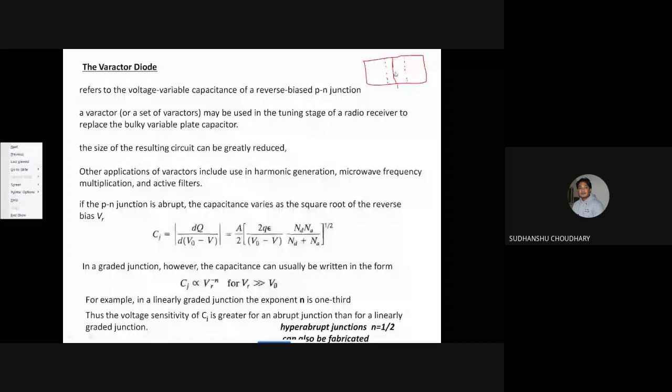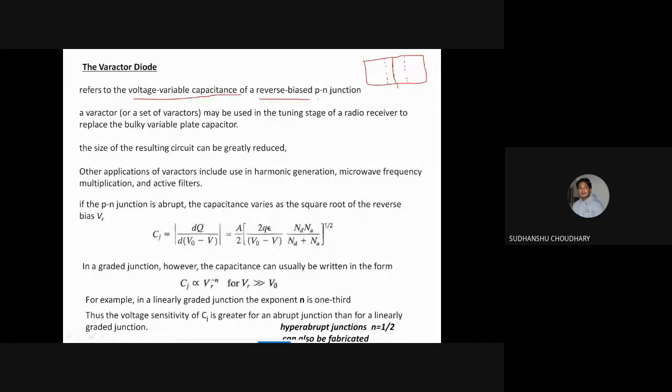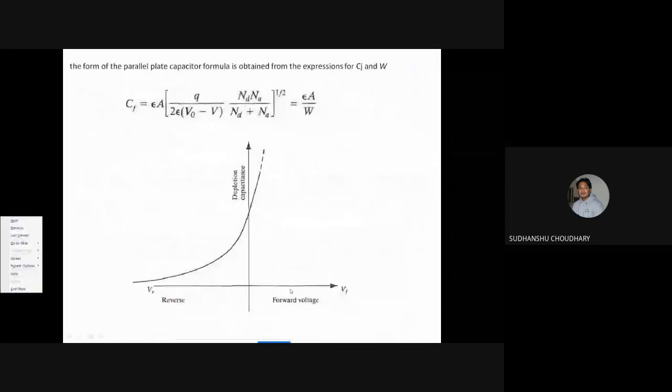So we said that since this depletion capacitance can be controlled by a reverse bias, a voltage variable capacitance effect can be seen in a reverse bias PN junction. Going back to the same picture, a voltage variable capacitance effect can be seen due to depletion capacitance changing with reverse bias.